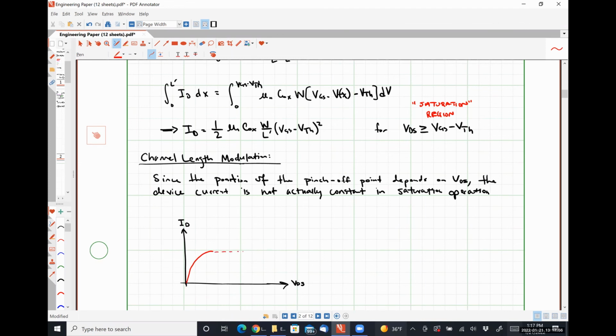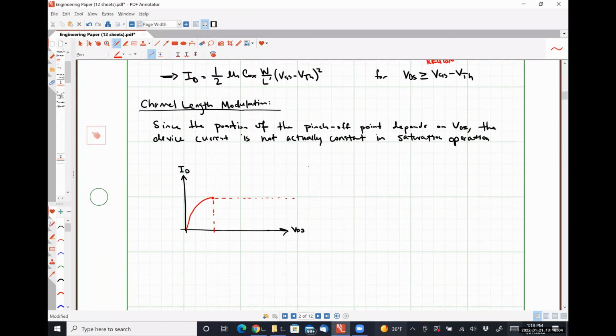The expectation, this point right here, represents VDS equal to VGS minus VTH, right? So this is how we expect it to behave, because the saturation equation tells us that we should not see any increase in current, okay?